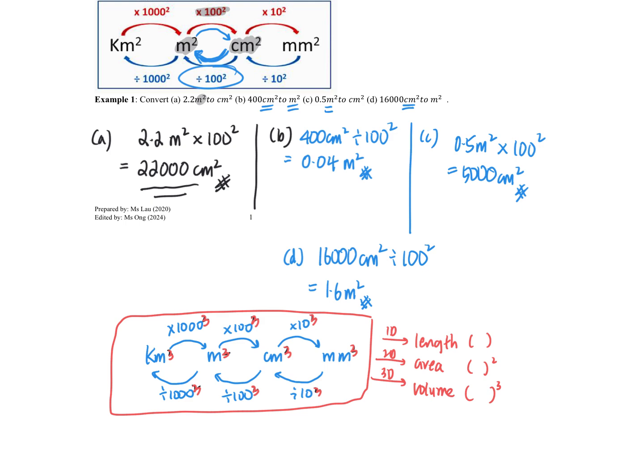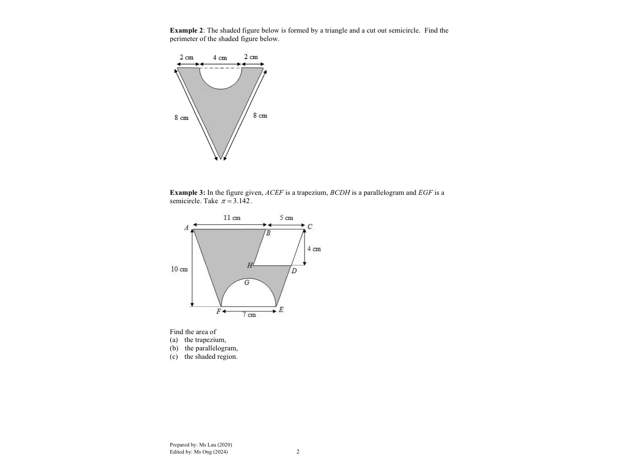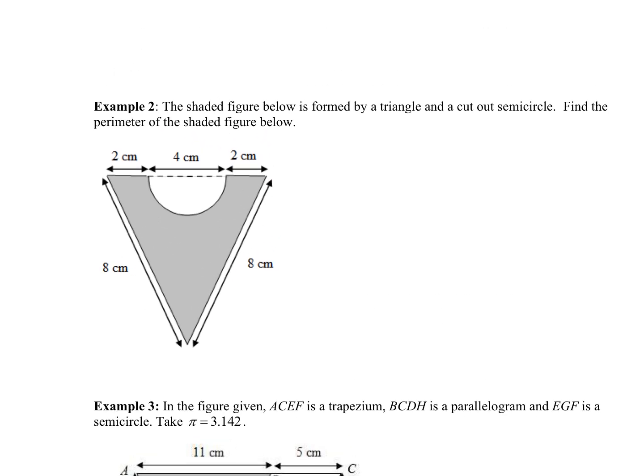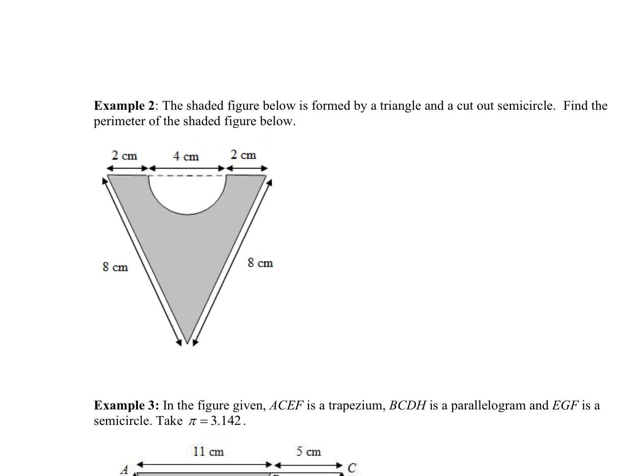Let's do actual composite figures. What is the formula for semicircle? Half the circle. Pi r square divided by 2. Okay, this one. Listen, I have a shaded figure formed by a triangle and a cut out semicircle. Means I cut it out.